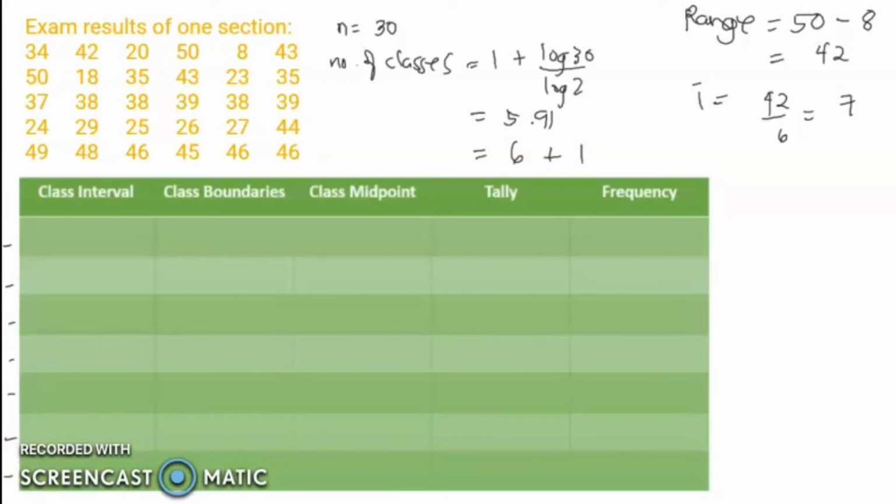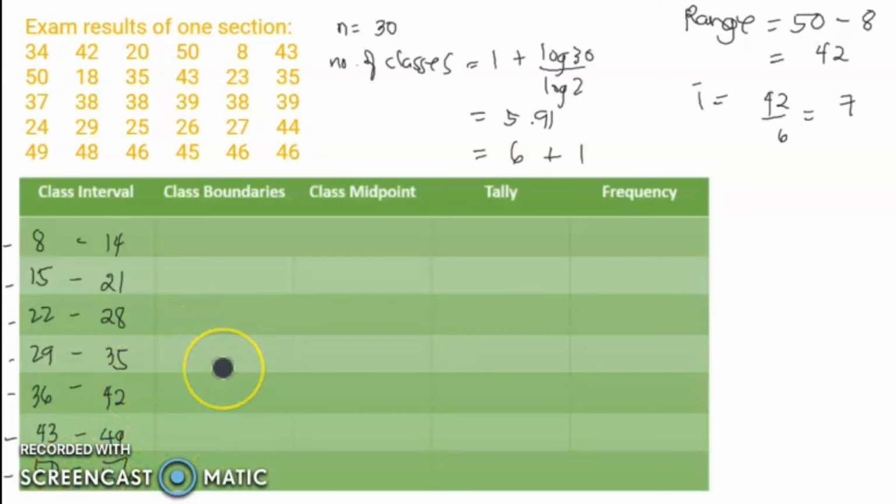So, let's start with 8. The interval, or class width, is 7. So, we just add 7. That's 15. Next is 22, 29, 36, 43, and 50. Next one, this will be 14, 21, 28, 35, 42, 49, and 56.